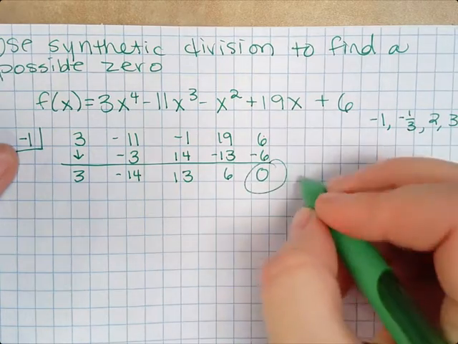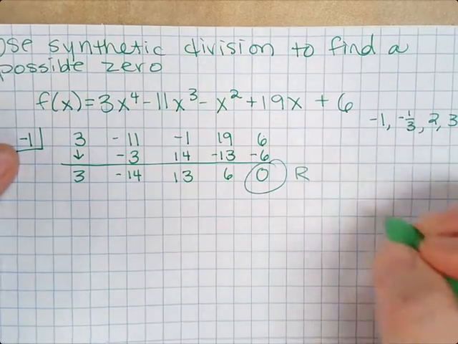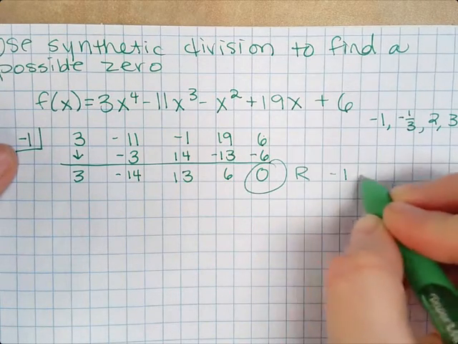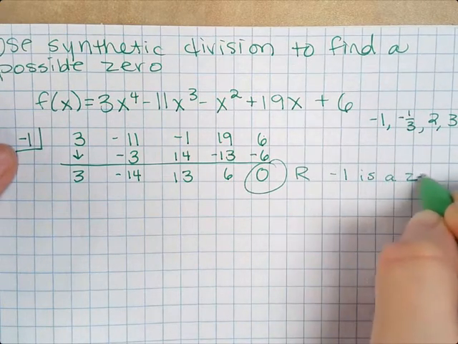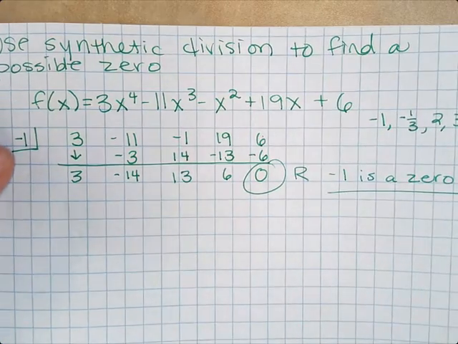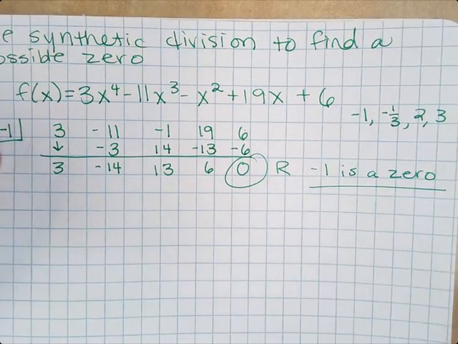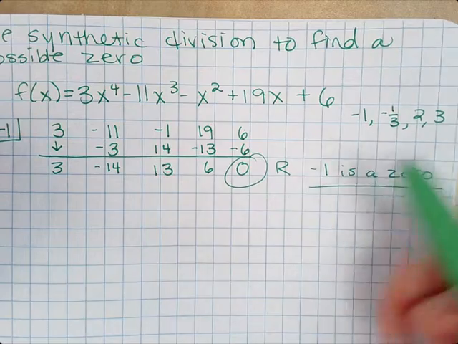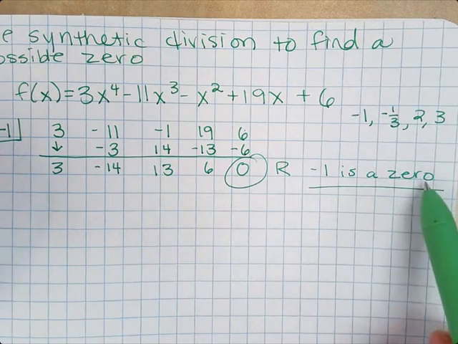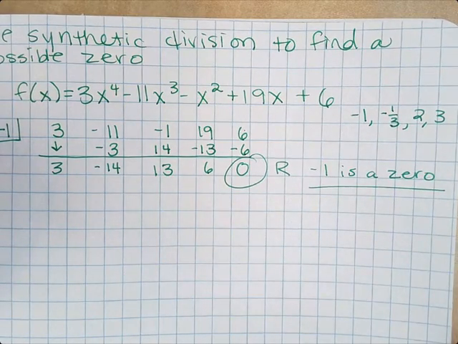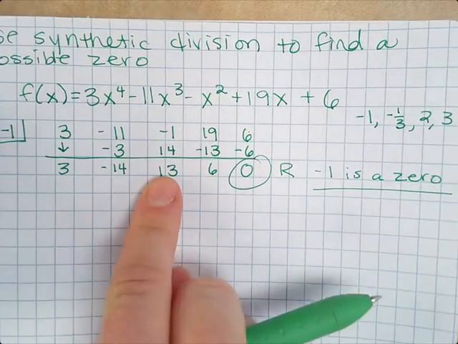So since this is a zero remainder, that means that -1 is a 0. So let's say you didn't have access to a calculator, then this would be an easy way to show that it's a 0. It doesn't take very much to do this.